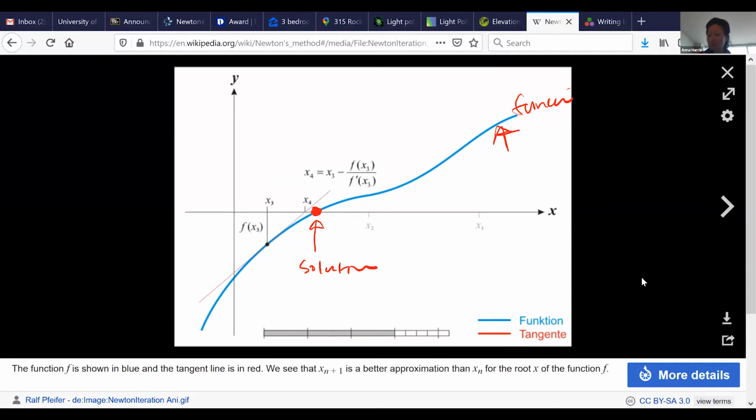So what I do is start with a very first initial guess. I'm going to guess my solution to be here, which is not the solution, right? So you draw a tangent line.